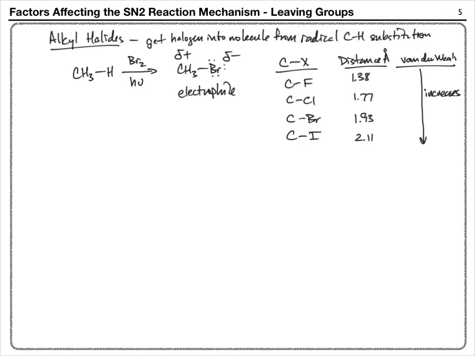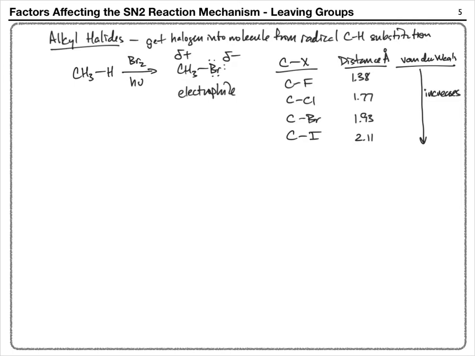In the comparison of 1.38 versus 2.11, if that bond is already longer, it's further away from the carbon anyway. That makes it a really good leaving group, because it's not as strong a bond as, say, the CF bond is. All these things come into play that you learned from Gen Chem.